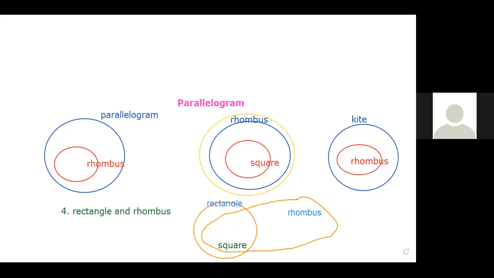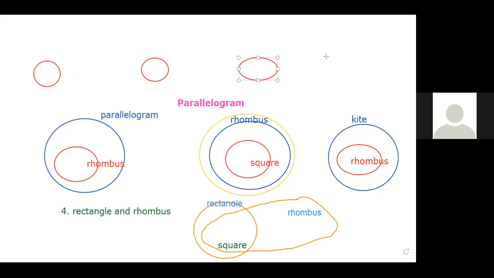Okay. In general, if you have two sets, there are these possibilities. It is possible that they don't intersect and they are like this. Let me draw all four and then I'll change color.